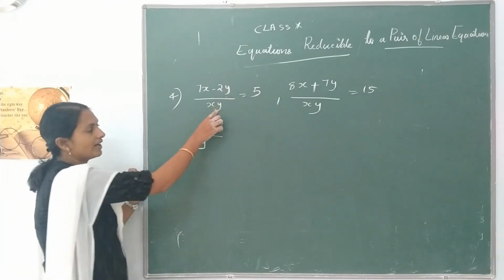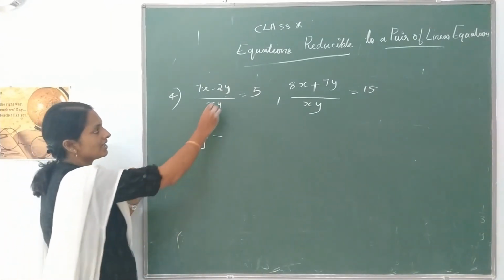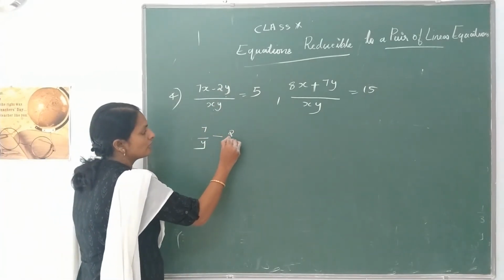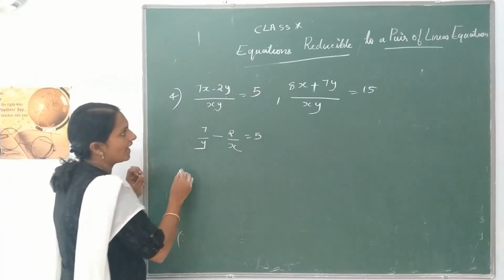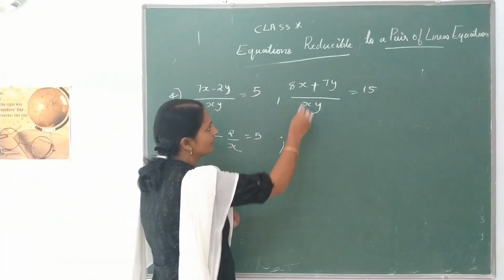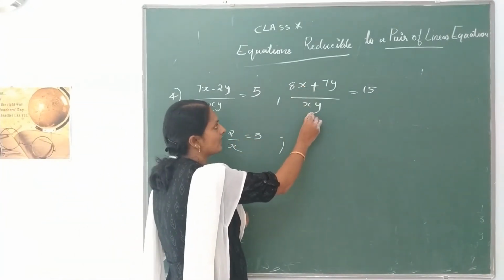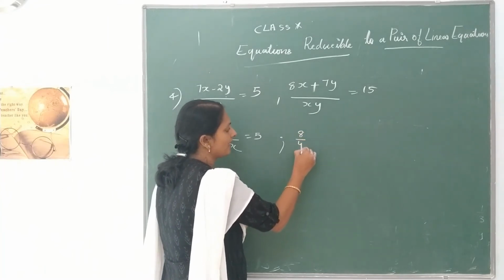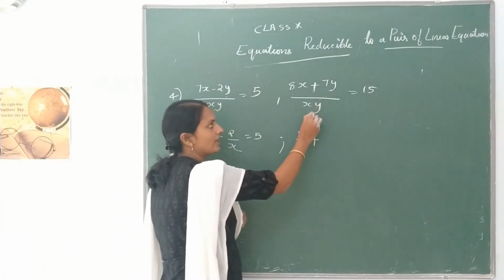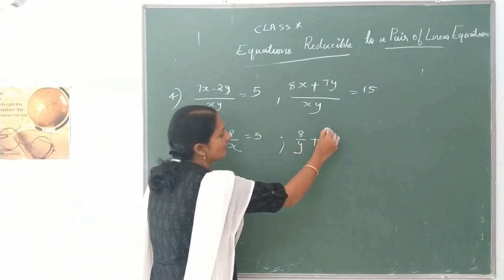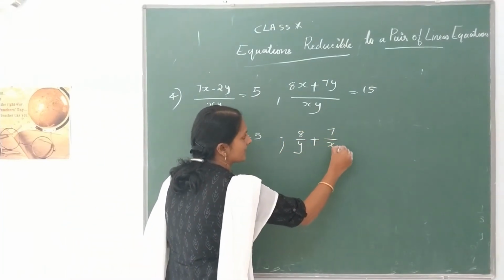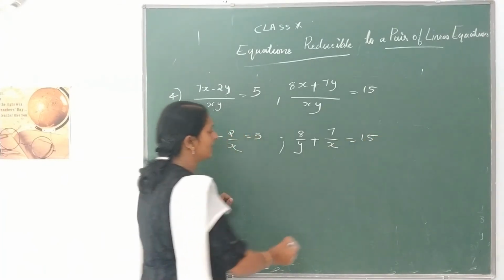And minus 2y divided by xy, that is cancelling y and y, we will get 2 by x is equal to 5. And this equation 8x divided by xy, that is 8 divided by y plus 7y divided by xy, that is equal to cancelling y and y remaining 7 by x, that is equal to 15.